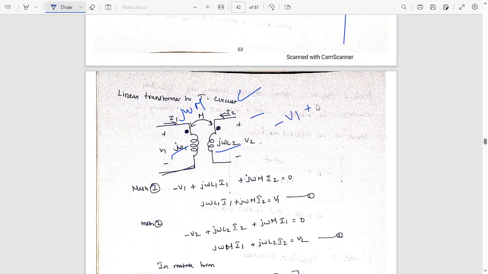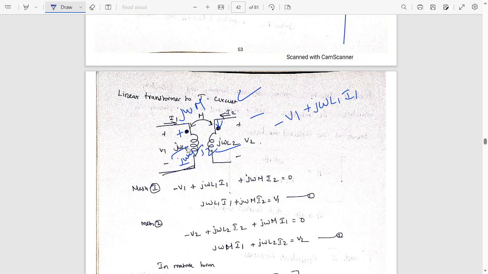plus j omega L1 I1, which is self-induced voltage, and there is a mutually induced voltage due to the current I2. The current I2 is entering the dot here, so the generator voltage positive will be here and negative will be here. And what will be the generator voltage? j omega M multiplied by I2. And now check the direction of I1.